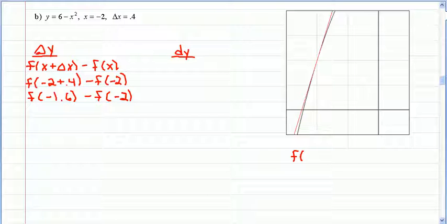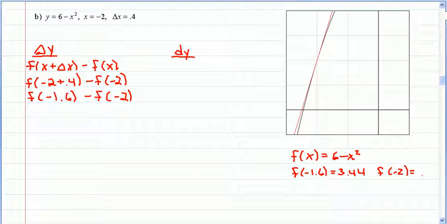And if we take our function f of x, 6 minus x squared, and evaluate f of negative 1.6, we get an answer of 3.44, and then f of negative 2 is equal to 2.